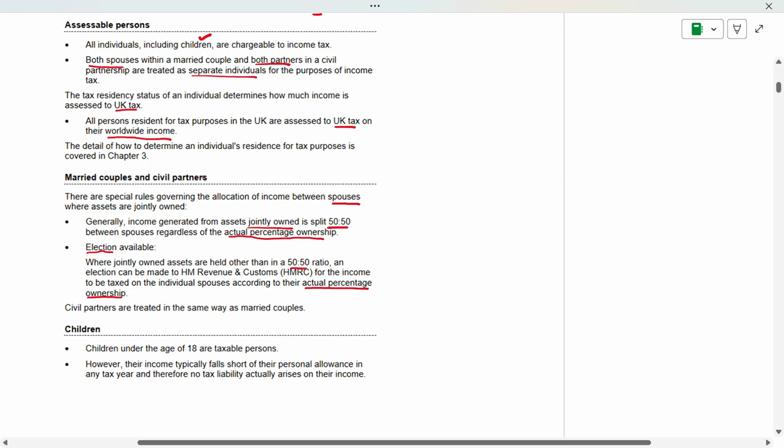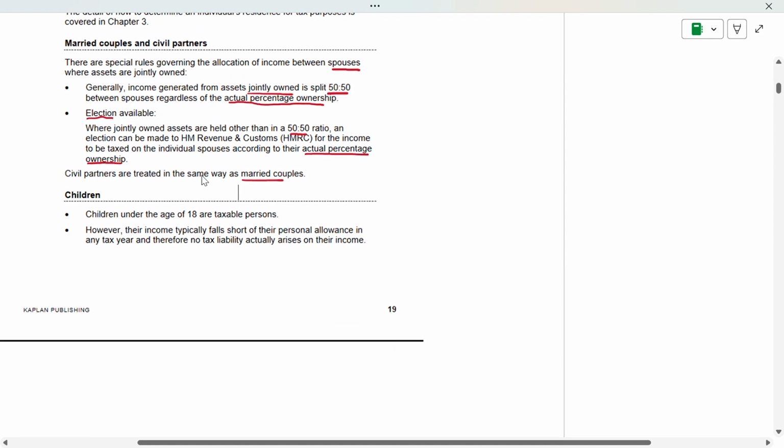You have the option, but you have to inform HMRC. You have to tell them that you are sharing on an actual percentage basis. If you are not doing that, then you share it on a 50-50 basis. Civil partners will be treated in the same way as a married couple. There is no difference.